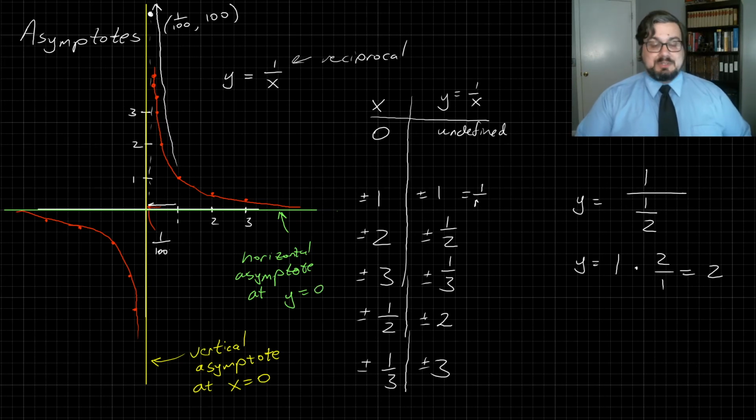In this case, y equals 0 is the equation of the green line, which is the horizontal asymptote of this function.